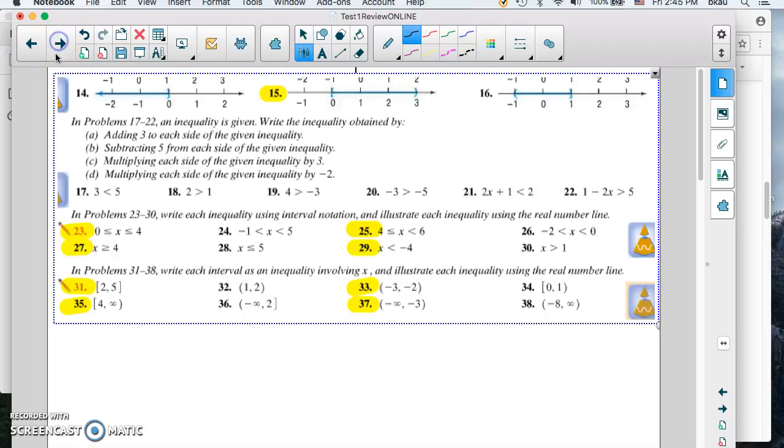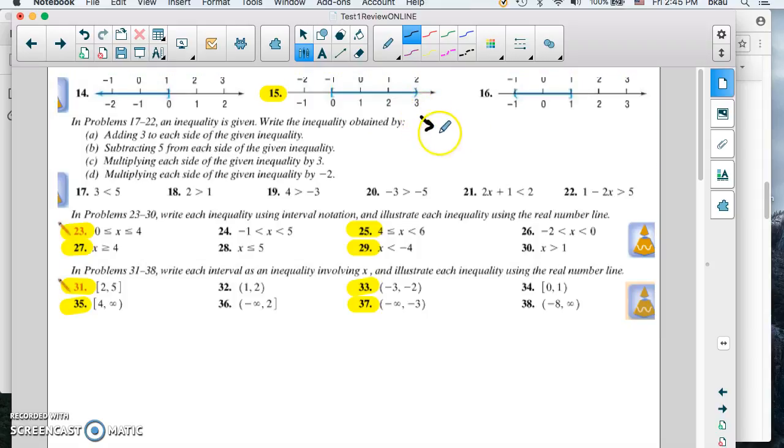Alright, next problems are going to be with inequalities. They're going to ask you to look at a graph and write an inequality. So 15 here was given as a problem. We start at 0 here and end at 3. So the interval notation for that is a bracket at 0 because 0 is included, and 3 with parentheses because it's not included.